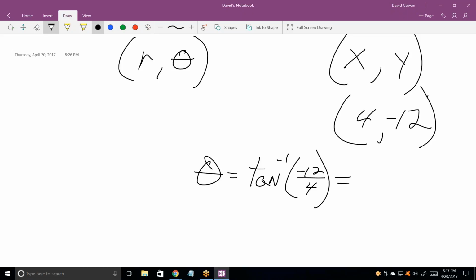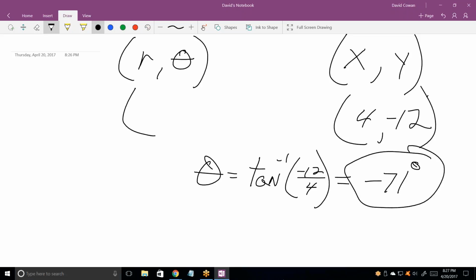What's the inverse tan of negative 3? Negative 71. Notice it gives us a 4th quadrant angle. Always. So this would be negative 71 degrees. And then you just have to solve for r. In other words, I know that x equals r times cosine of 71. Well, I know what x is.